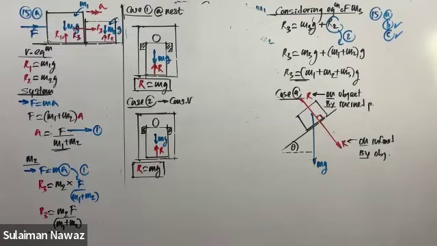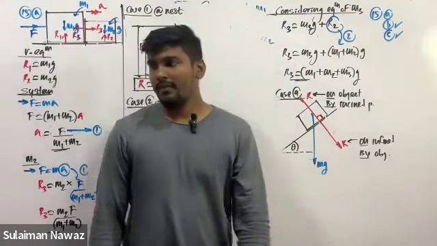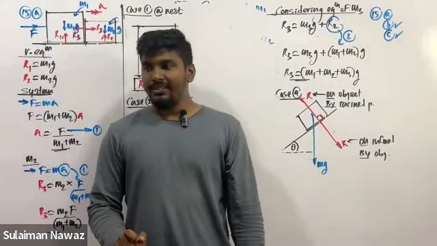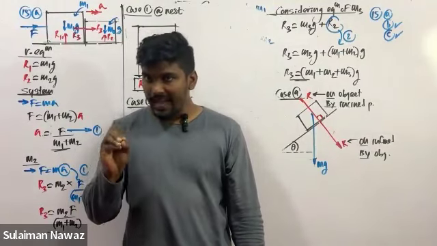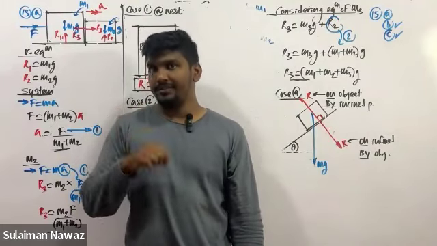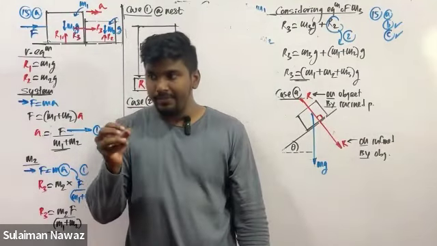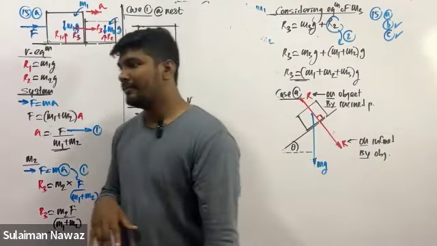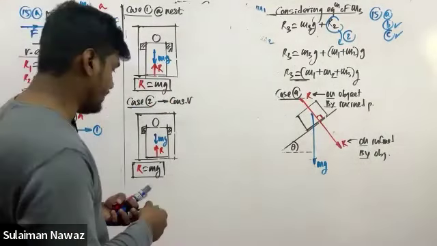Case number 3, write down: when lift moves under constant acceleration, say a, in upward direction.